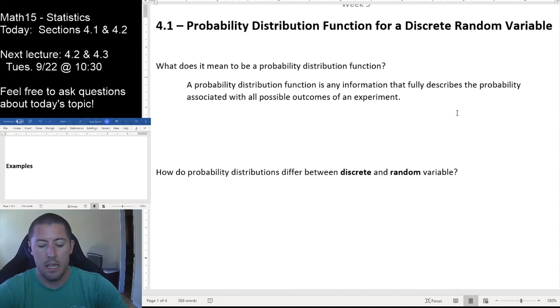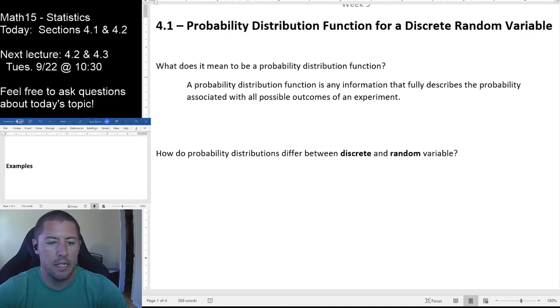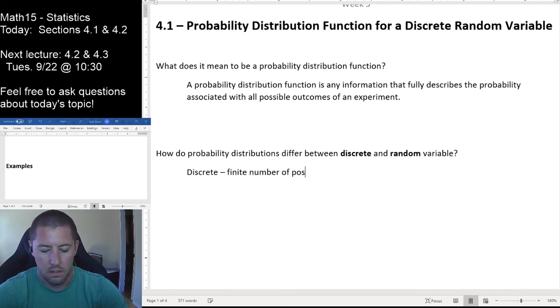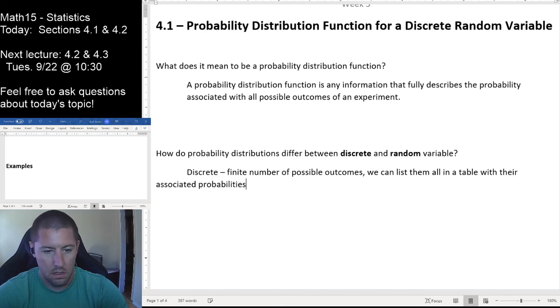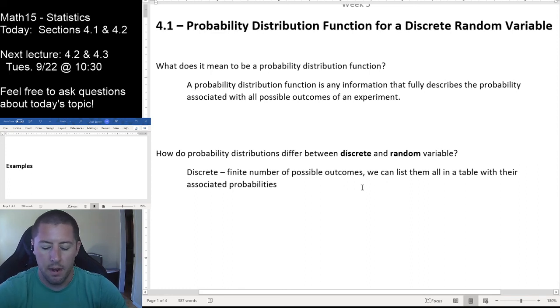Some of the things that we see are some tables in the textbook for these. What I want to distinguish between here is how probability distributions differ between discrete and continuous random variables. In a discrete setting, there's only a finite number of possible outcomes, like I just listed.